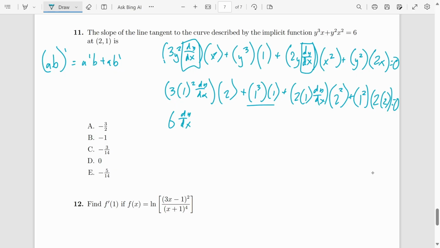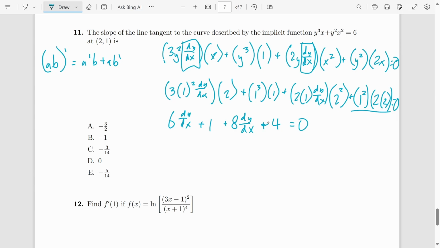This plus 1 times 1 is just plus 1. This here is going to be 2 times 1 times 4, which is going to be 8 dy over dx. And then we have this term here, which is 1 times 2 times 2. That is going to be plus 4, all equals 0.